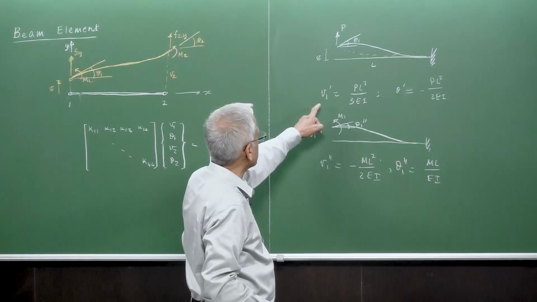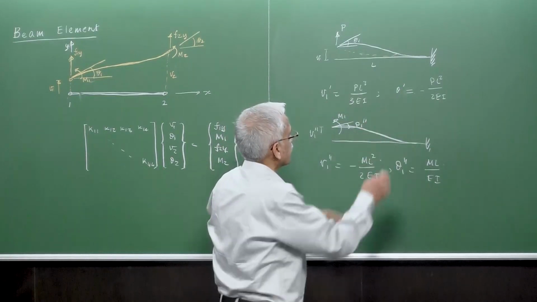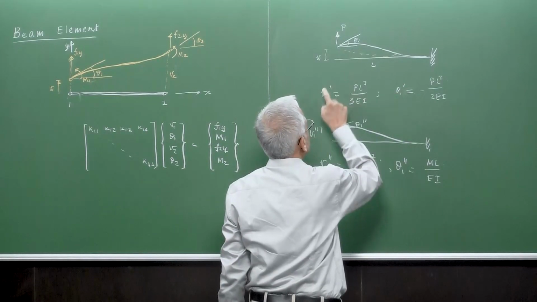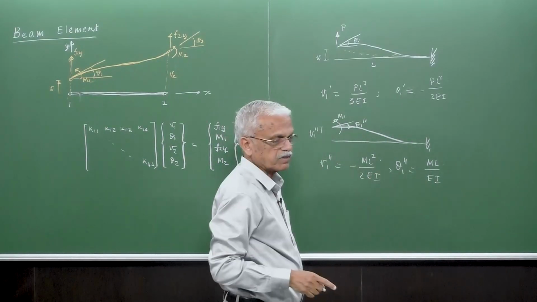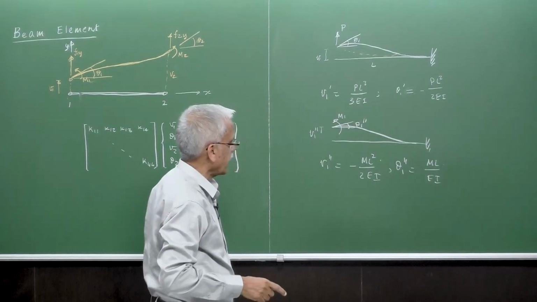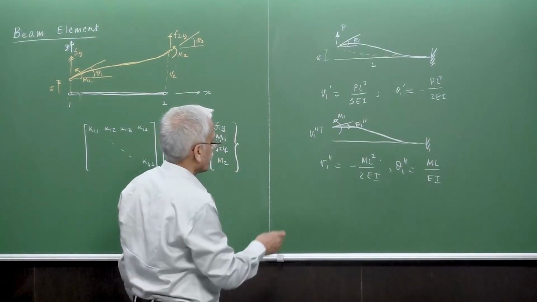So what we have here is that V1, theta 1 prime here. So these are due to P, whereas here this V1 double prime, theta 1 double prime is because of the M. So we can combine it.